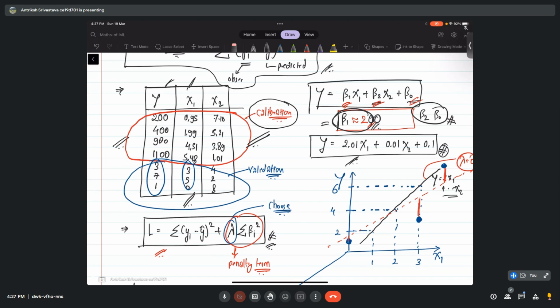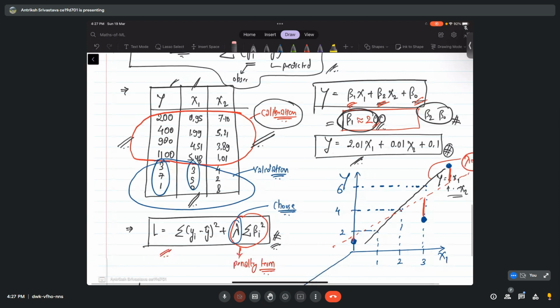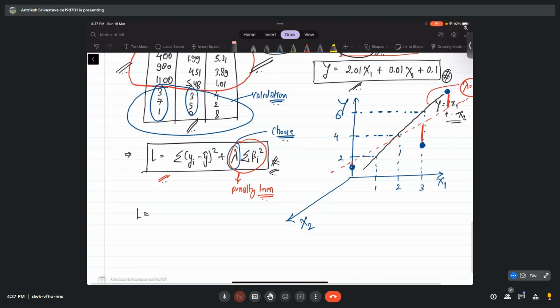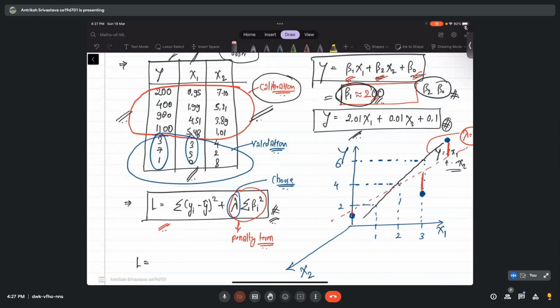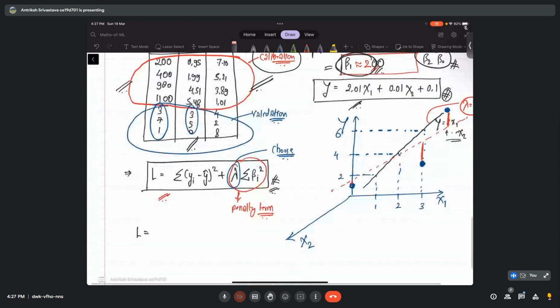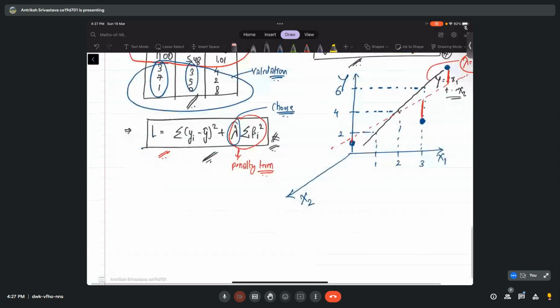So you can just approximate your equation as y equal to 200 x1, but that will give very high errors in the validation. So when you have such a high beta, then that is going to increase the error also in your ridge regression.